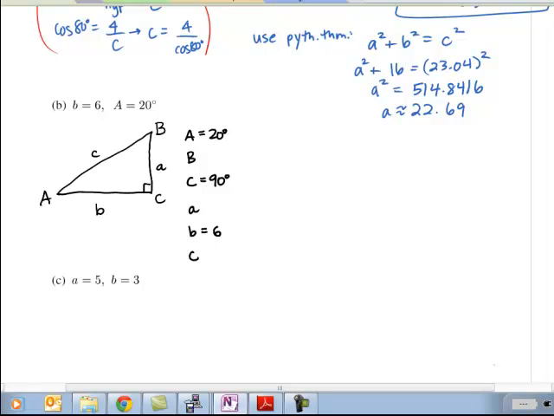So we can find angle B pretty easily. We take away the sum of the other two. So 180 minus 110, that would be 70. So angle B we know, and now we're just down to the sides.